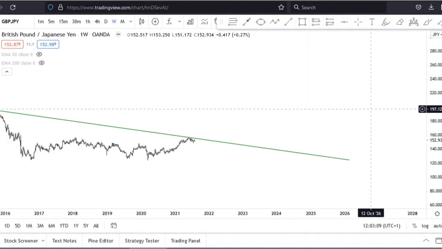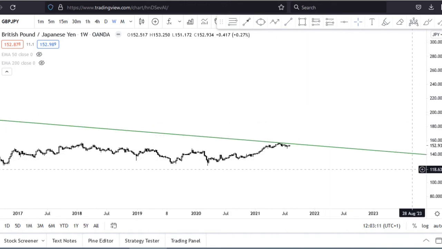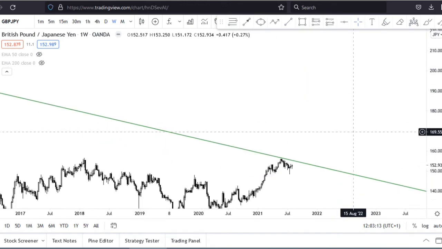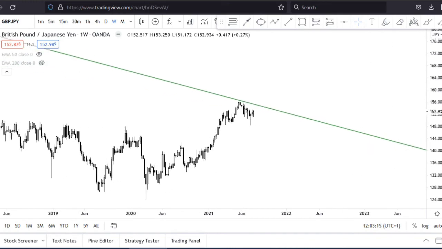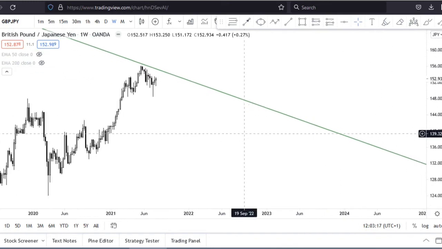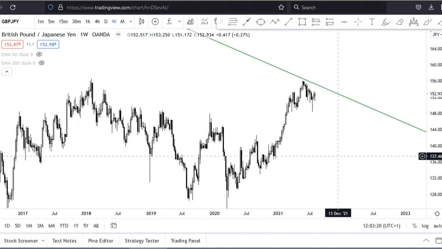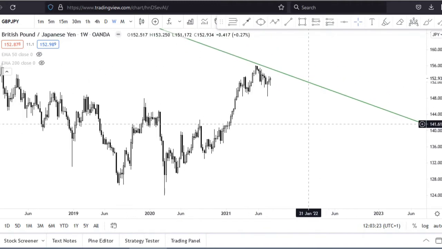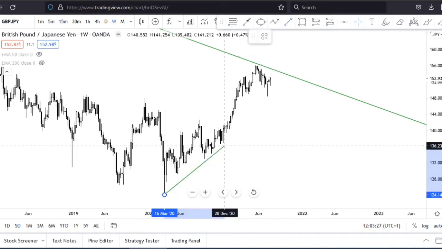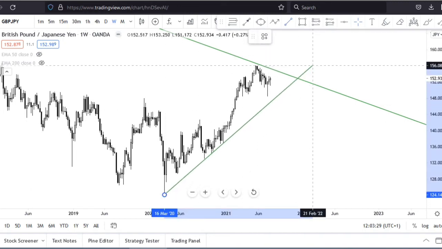If you zoom out, we can see that we're just around the trend line and we haven't broken above it yet. Any break above this trend line will mean a continuation to the upside, which is what I'm expecting. For now, we can identify our trend, which is the uptrend on the weekly time frame.